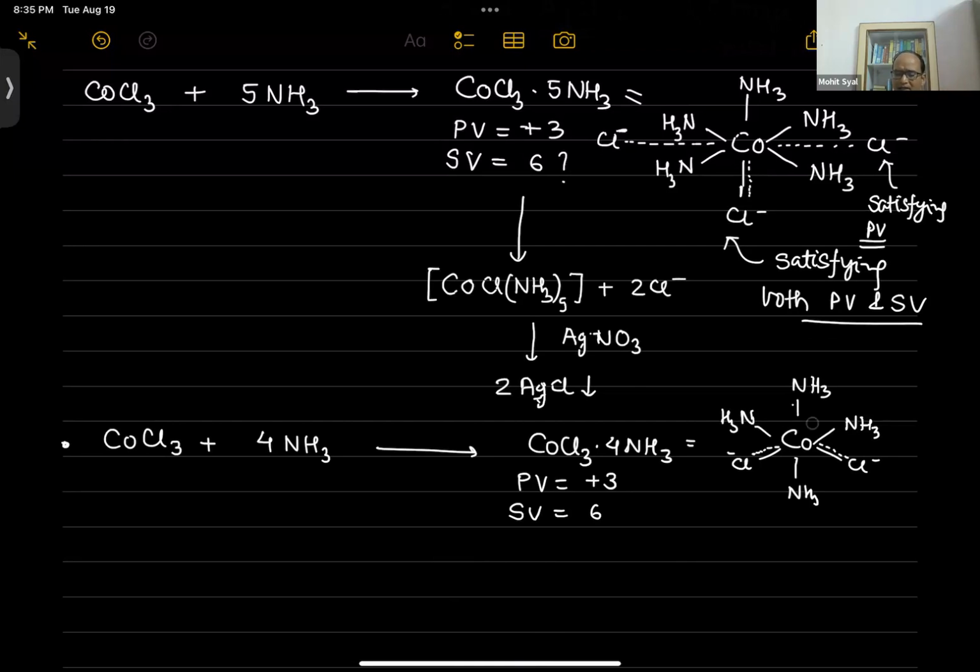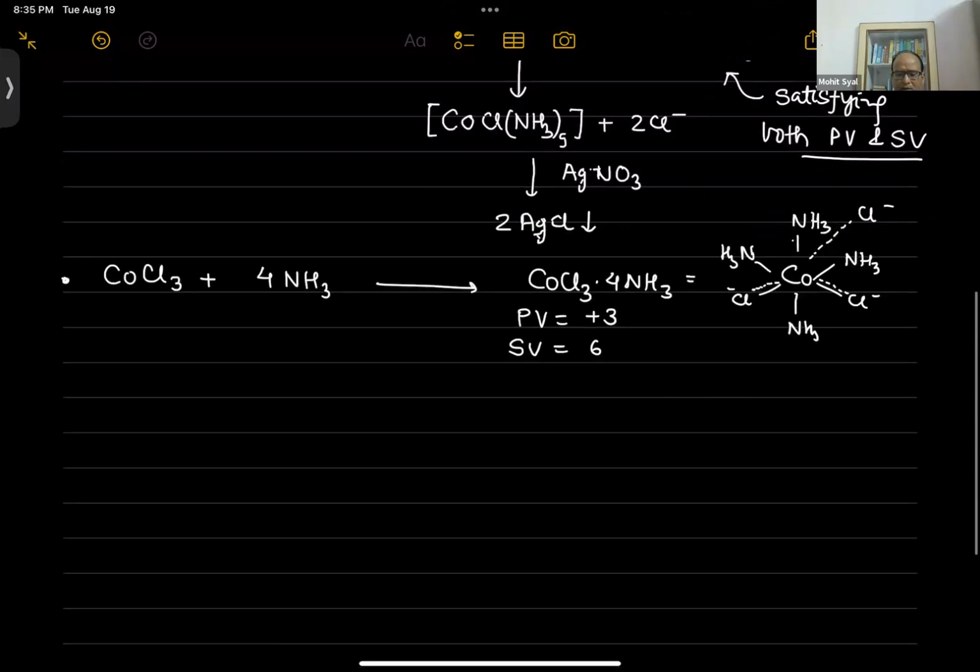And one Cl minus I'm going to put. I can put it anywhere, right? So this is going to be the Werner representation. And when you put it in water, it is going to be like this.